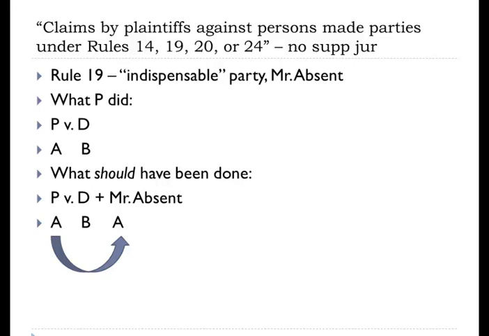So hypothetically, if Mr. Absent was joined as a defendant and the plaintiff tried to assert a claim against Mr. Absent, it would be a claim by a plaintiff against a person made a party under Rule 19, and there would not be supplemental jurisdiction over this claim. Trust me, it really pays not to think about that too hard and just blindly accept the language of the statute.